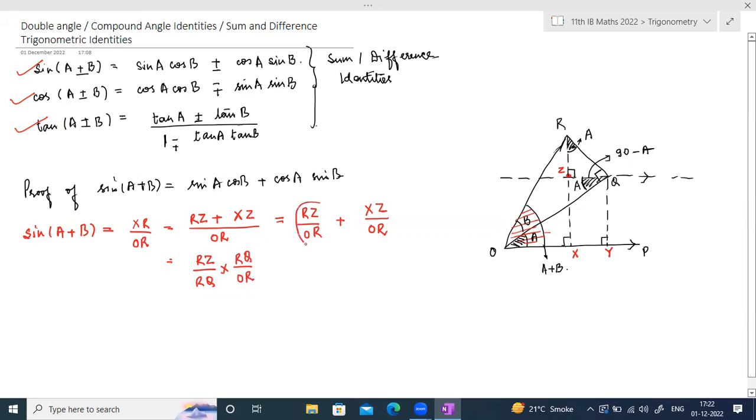In this ratio, we multiplied and divided by RQ, right? And in this particular ratio, XZ over OR, we multiply and divide by OQ.